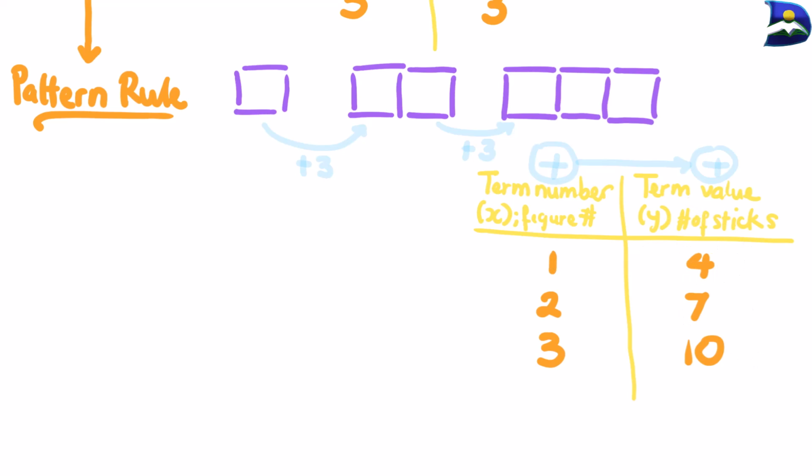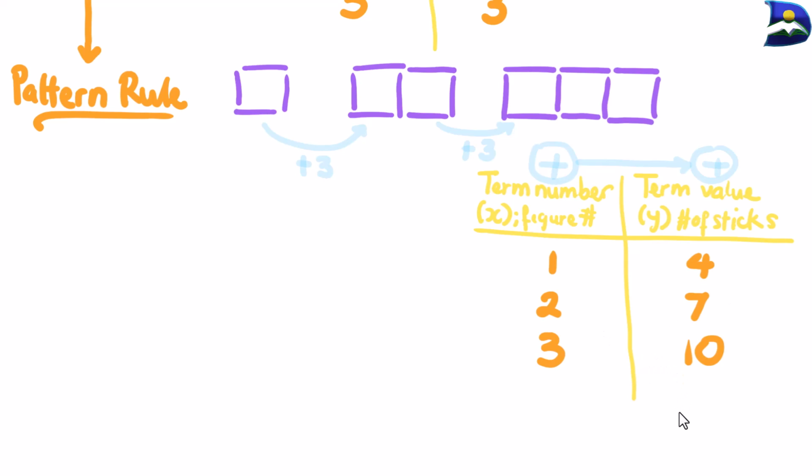And developing our pattern rule states that, hey, looking at our figure number, we are going to see that 1 going to 4, 2 going to 7, 3 going to 10 share the same relationship.